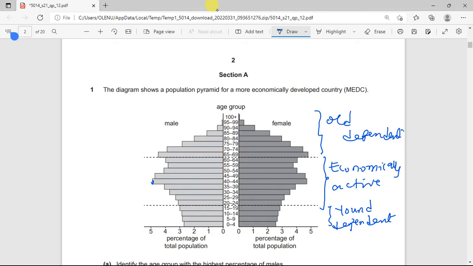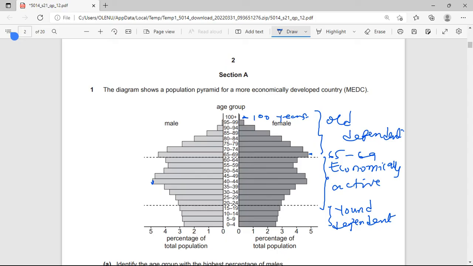The largest female group is this, which is around 65 to 69. You find out that some people, mostly female, live up to 100 years. That's the life expectancy. So females live more than males.